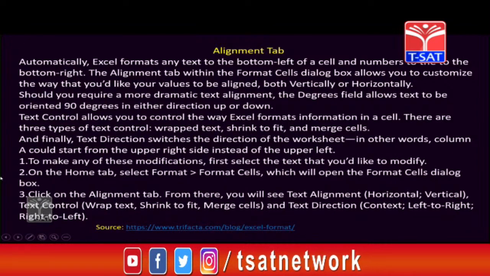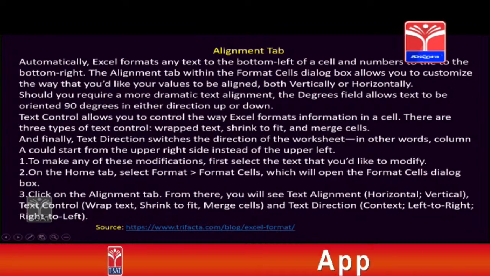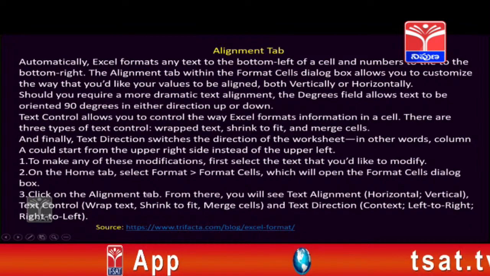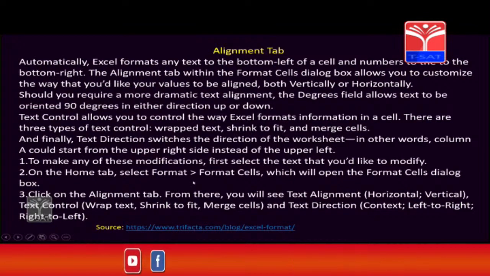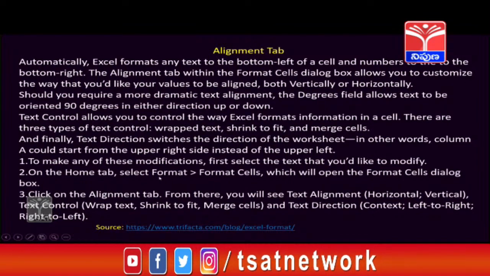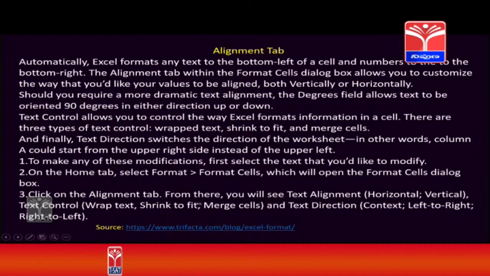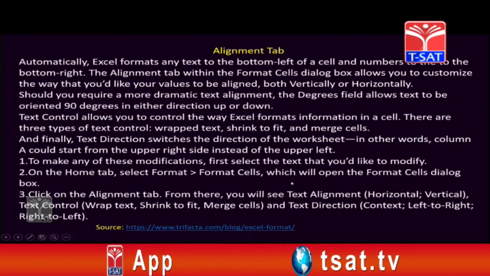So, how do we start using these alignment options? Again, we go to the Home tab, we click on Format and Format Cells. Once the Format Cells dialog box opens, we can select the Alignment tab, and we can see the text alignment options.